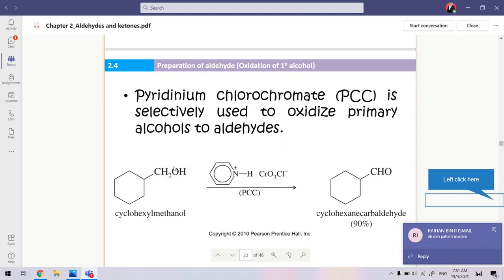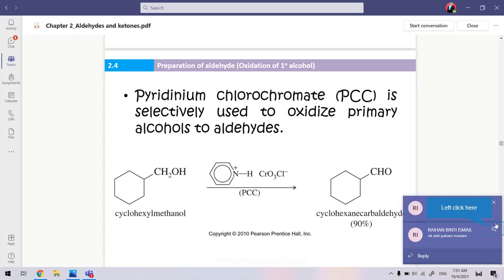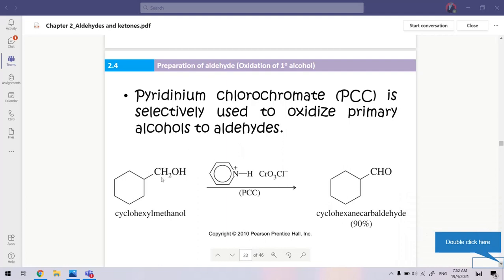Because OH is attached to this cyclohexyl methanol. And this OH is attached to this carbon. This carbon is a primary carbon. When OH is attached to a primary carbon, we call it a primary alcohol.